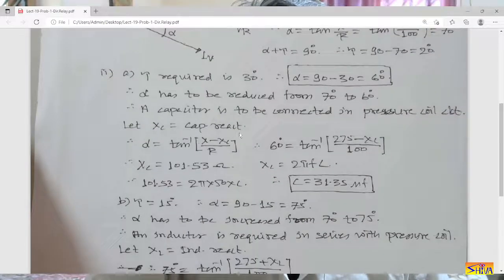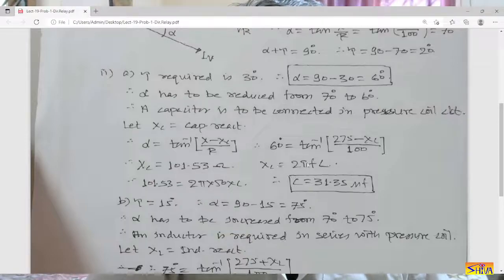Let Xc be the capacitive reactance. So alpha is tan inverse (X minus Xc) divided by R, because we are adding a capacitor. Alpha required is 60 degree, so tan inverse of original reactance minus Xc over original resistance. So Xc is coming 101.53 ohms.